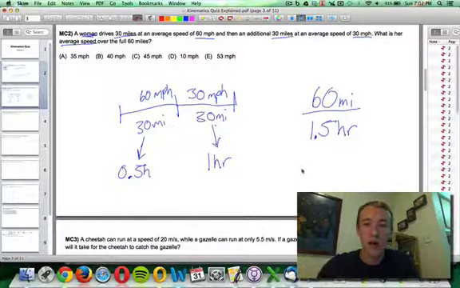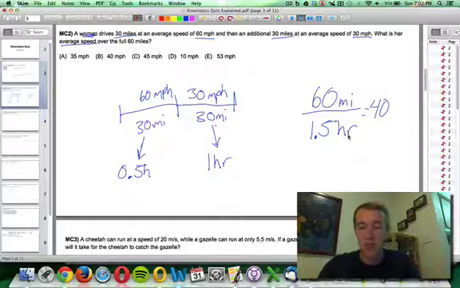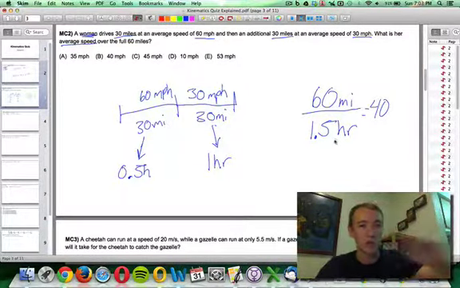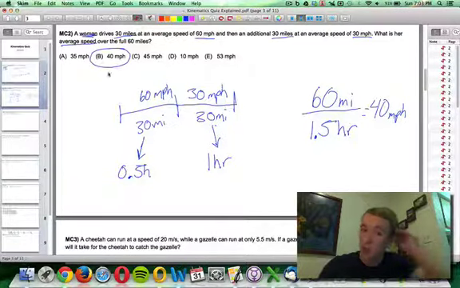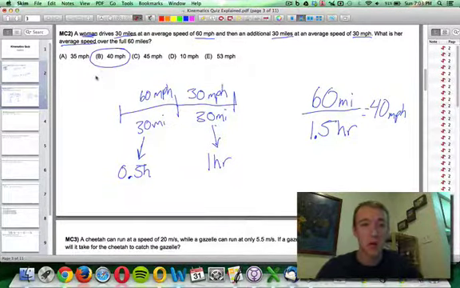And we can divide this here, 60 divided by 1.5, that's 40, and our units are going to be miles per hour. Typically, if this were meters per second, we'd write meters per second. But miles per hour, we have notation that we like to use, so mph there. So the answer to this one is B, right there, 40 miles per hour.